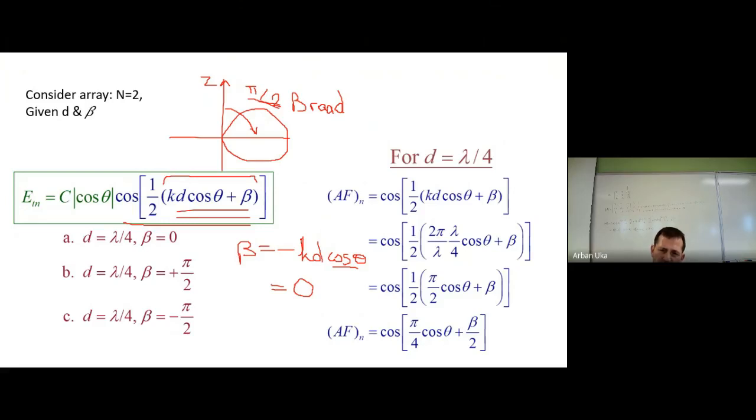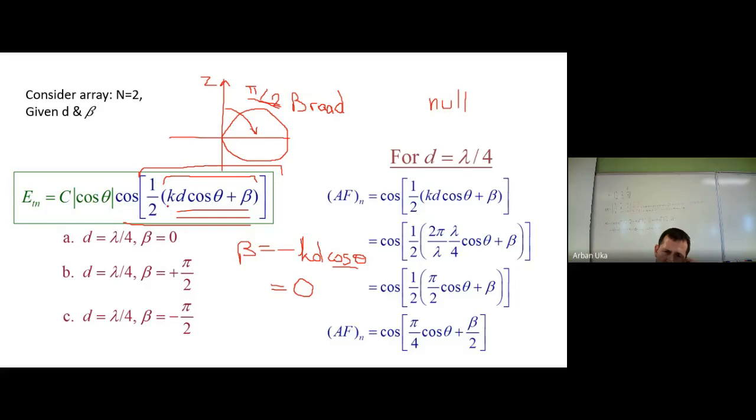Now, for this broadside antenna, if we want to determine the null, we have to set this whole term equal to 0. This whole term is going to be equal to 0 whenever this cosine here is equal to 0, which means that the angle is equal to 90 degrees or pi over 2.